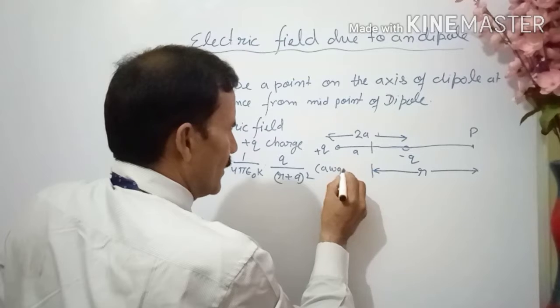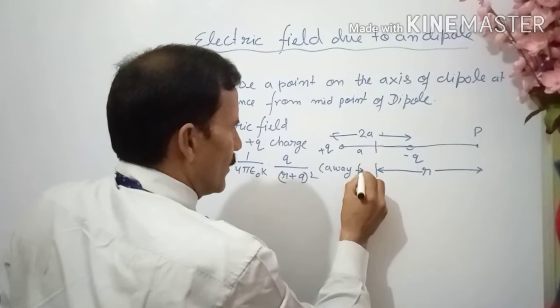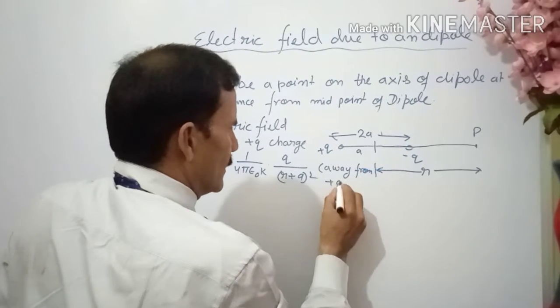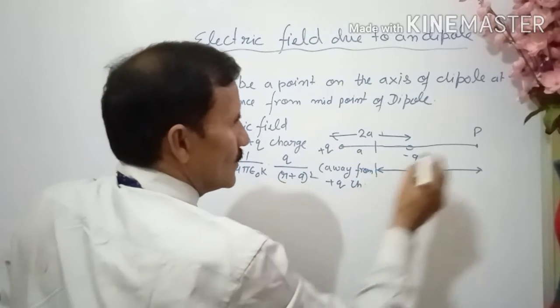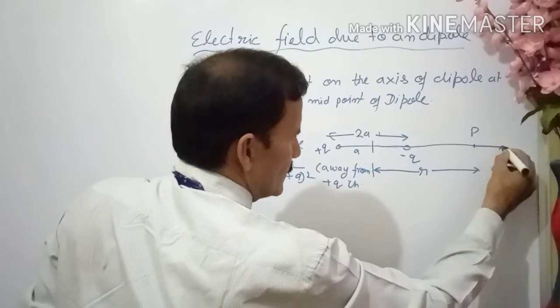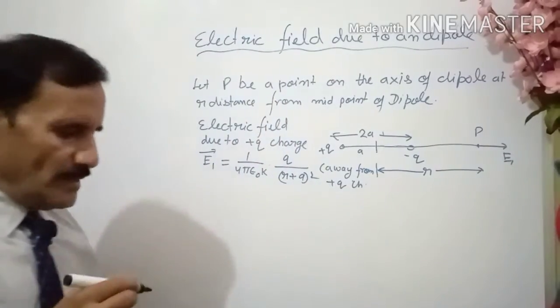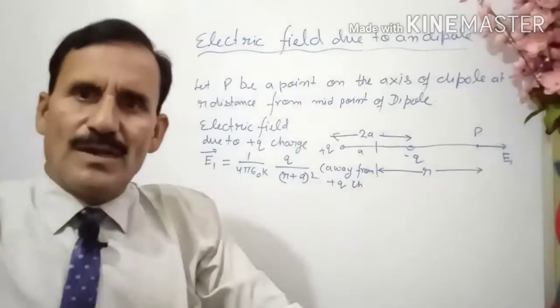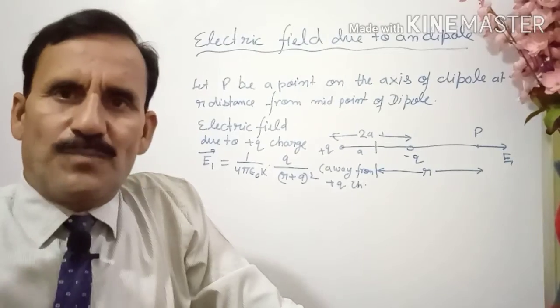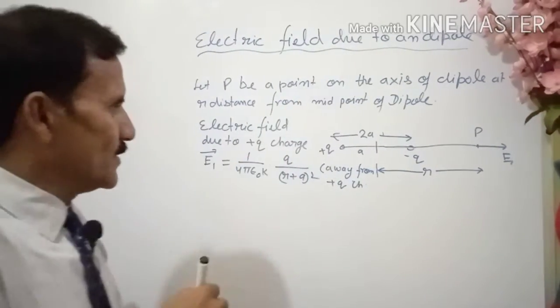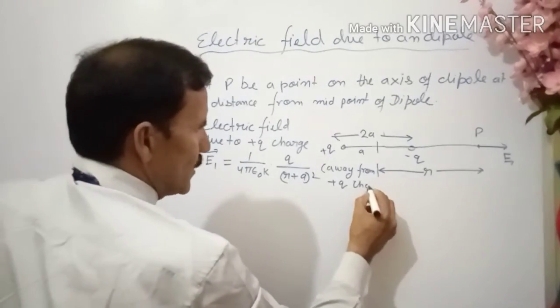So away from the plus q charge. Okay? So here we are pointing, this is the direction of E1. Why away? Because you know, we are always taking the test charge as a positive charge, so it is away from the plus q charge. Okay.